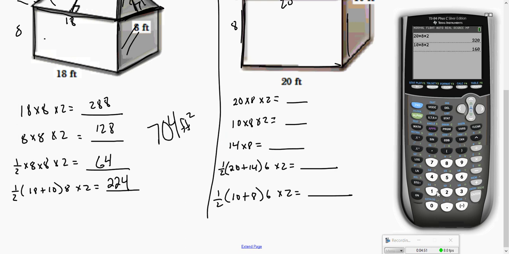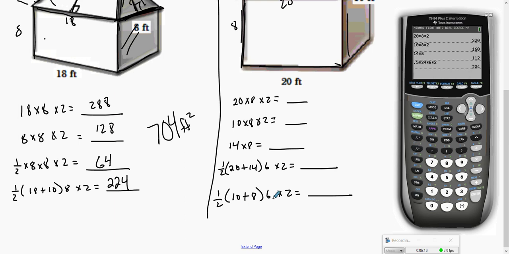Then we'll do 14 by 8. 14 by 8. And then we've got, okay, 20 plus 14 is 34, so I'm going to do 0.5 times 34 times 6 times 2. That's 204.